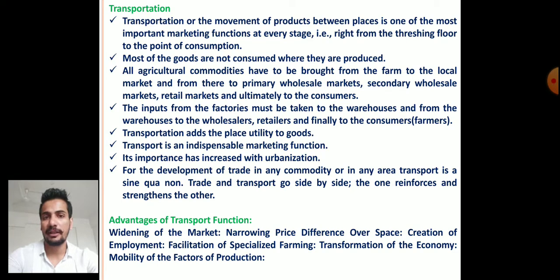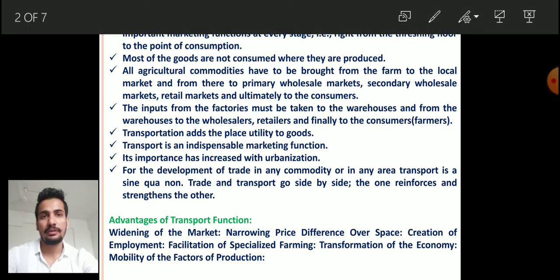Fourth, facilitation of specialized farming, then transformation of the economy, and last advantage is mobility of the factors of production. So a question may be asked in your semester end examination: write down what is meant by transportation and write in detail the advantages of transportation function. Okay, so we will see one by one.